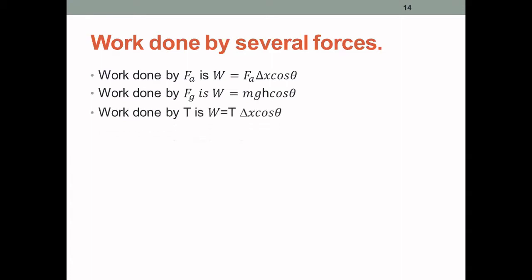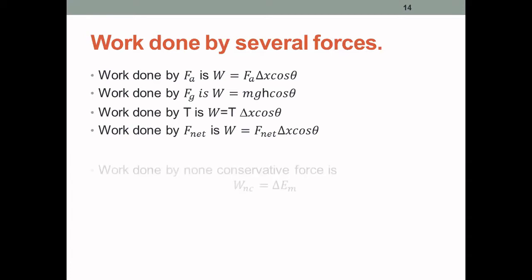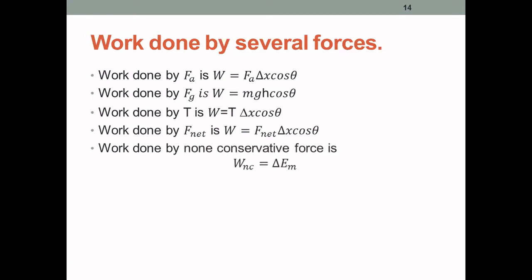The work done by T, which is the tension, is the work equal to tension times displacement cos of theta, where theta is the angle between the tension and the displacement. We have the work done by the net force, which is work equal to net force times displacement cos of theta. We have the work done by the conservative force.